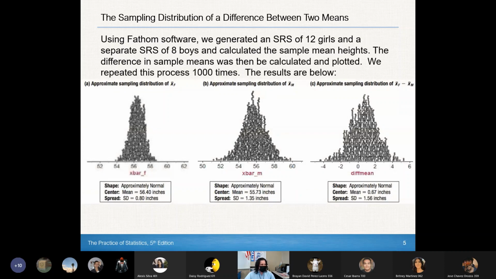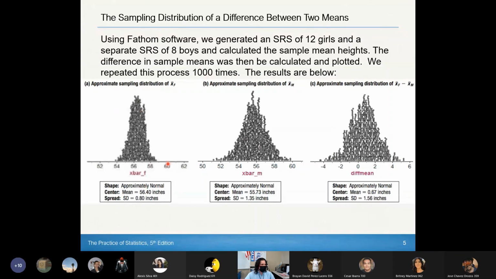So again, using their Fathom software, they generated an SRS of 12 girls and a separate SRS of 8 boys and calculated the sample mean heights. The difference in sample means was then calculated and plotted. They repeated the process 1,000 times and then they have the results shown below.